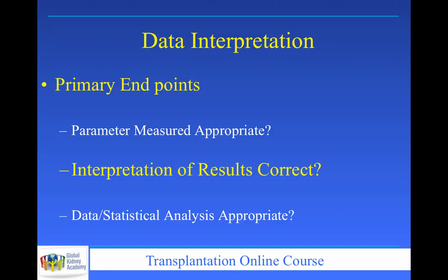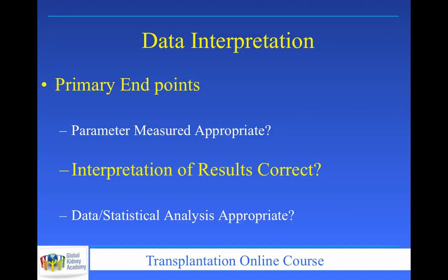Now we come to data interpretation and primary endpoint. So the primary endpoint is important, and that's the single most important parameter upon which the whole study is based, upon which the statistics and the power and the sample size is calculated to reach a result.